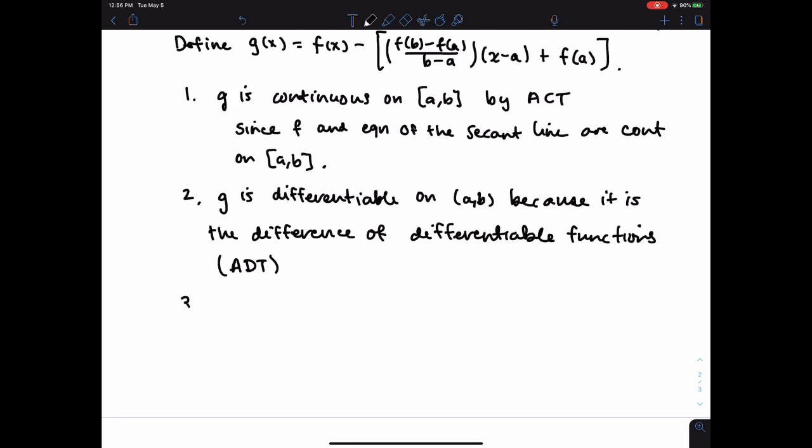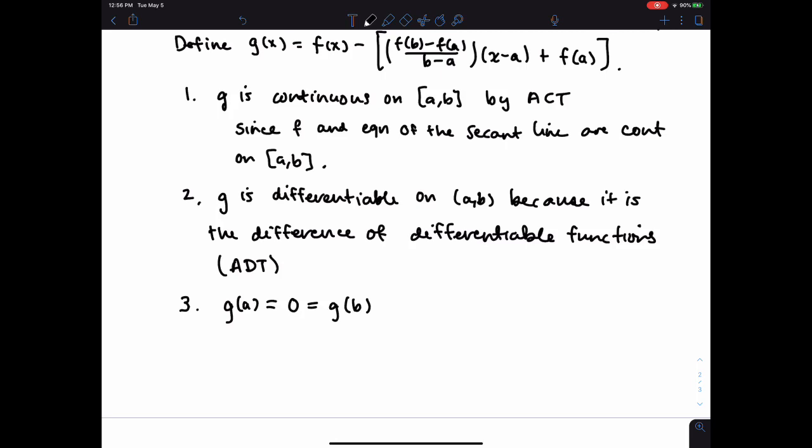And then the third condition: I know that g of a, remember the way we designed it, because the secant line intersects f at a, if you take the difference of the value of f at a and the secant line at a, you're just going to get 0 because it's an intersection point between those two functions. And the same thing is true at b.